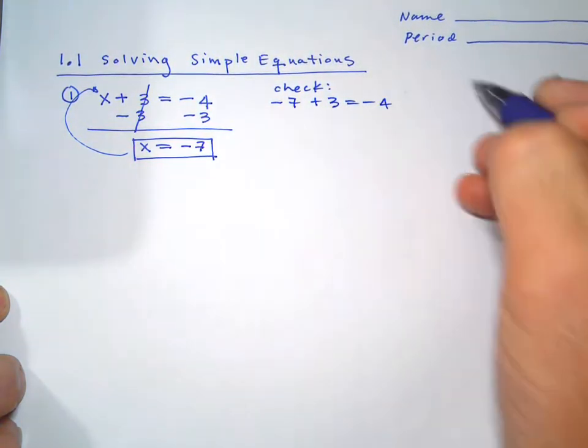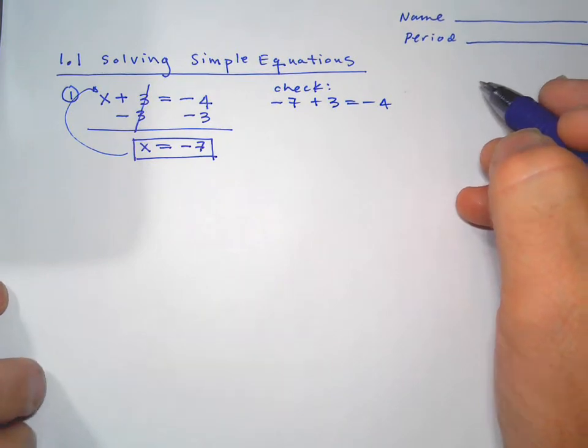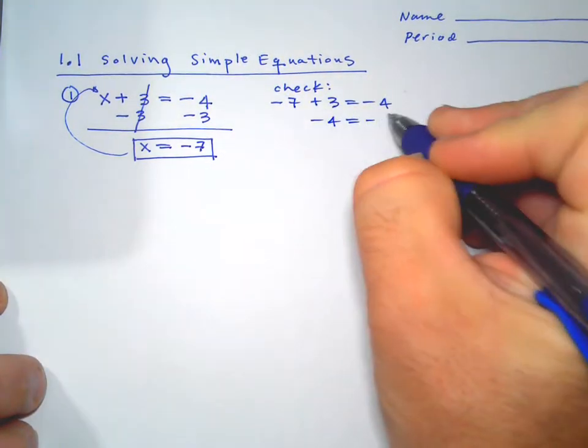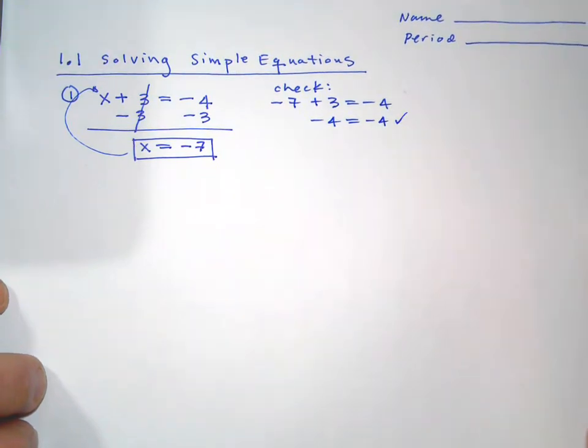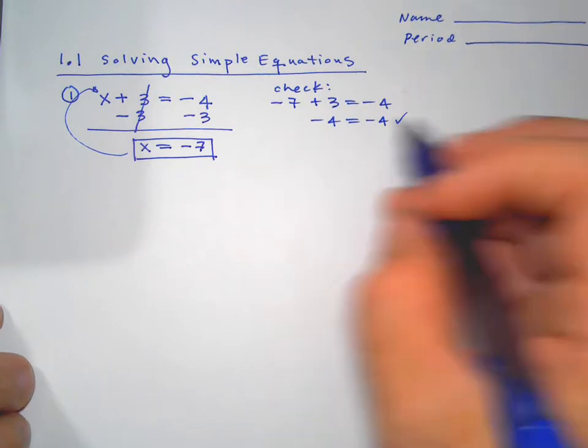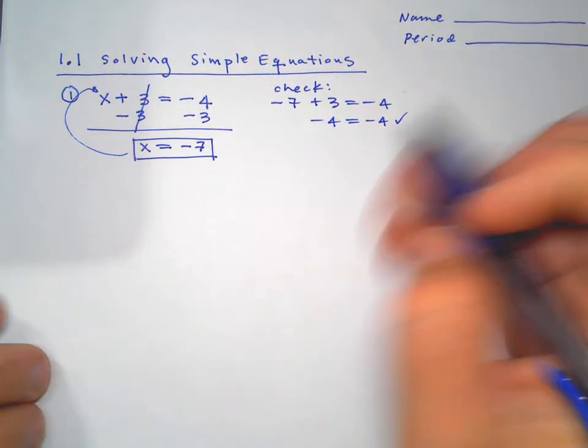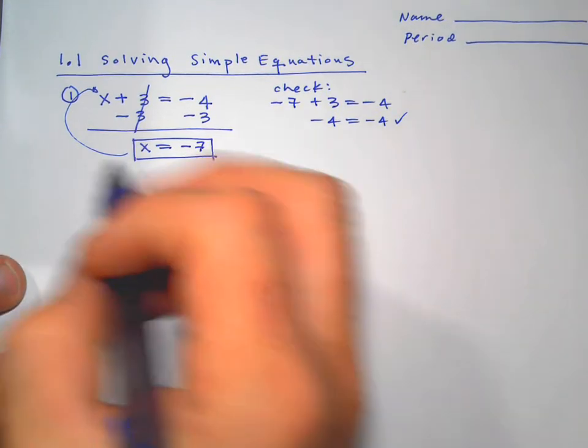Okay, so plug it back into where you hadn't done anything yet. Simplify both sides. And if you get the same number on both sides, that means your answer is correct. If you got something that doesn't make sense, like 3 equals 4, then that means you made a mistake somewhere.